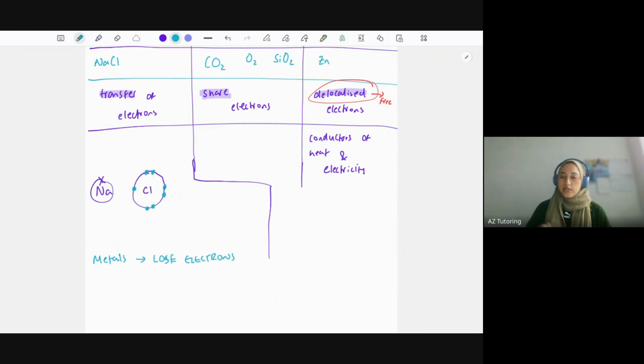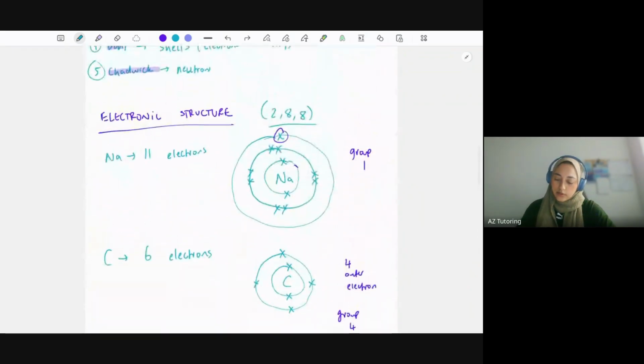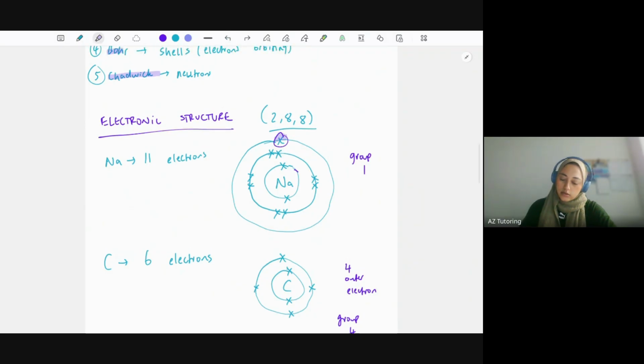And don't just memorize it, understand why is that the case. Metals always lose electrons. You can see with this sodium here, if it loses that one electron, if we go back to this diagram up here, then losing that one means it's got a full outer shell underneath. So that's perfect.